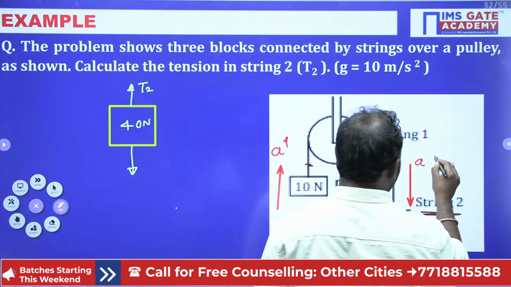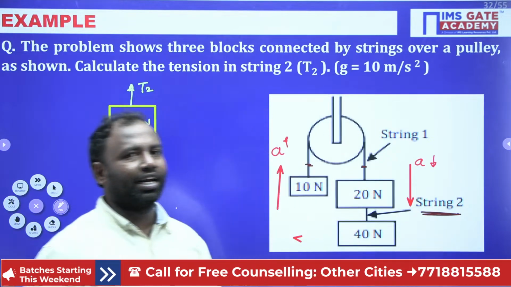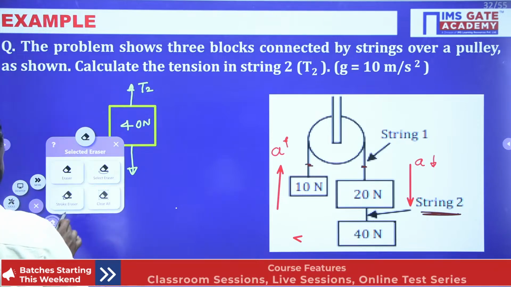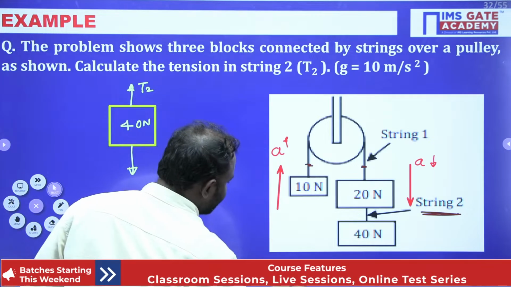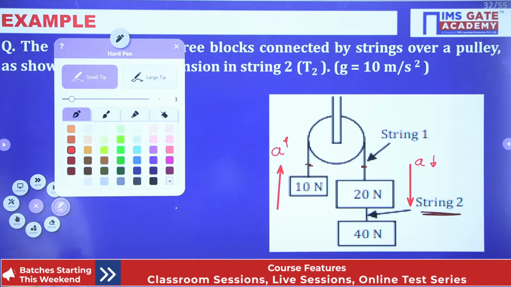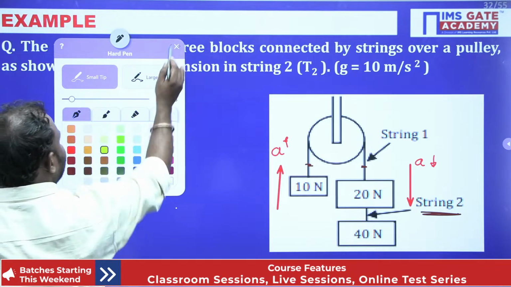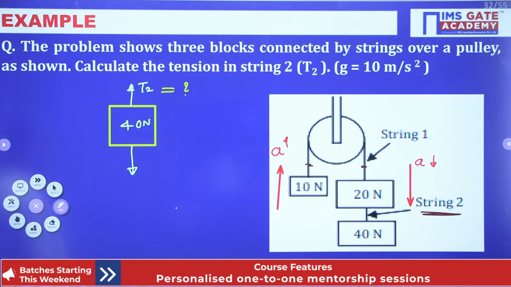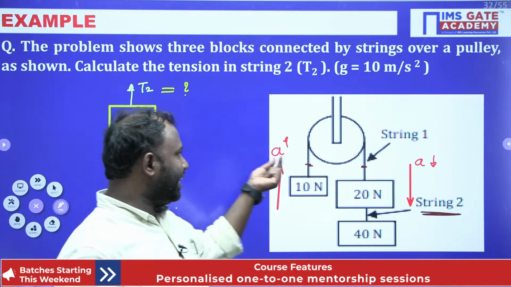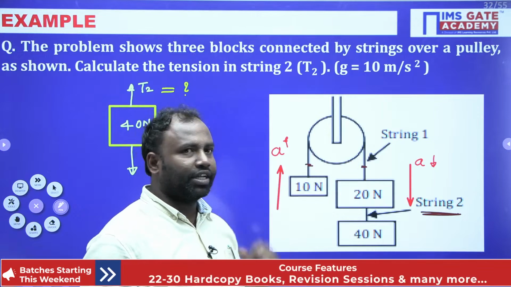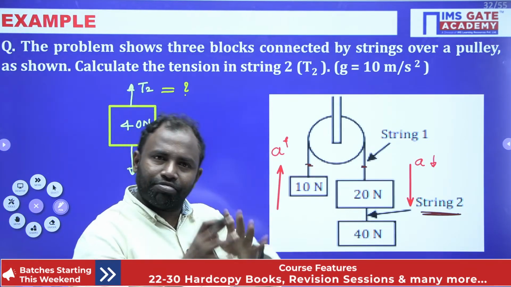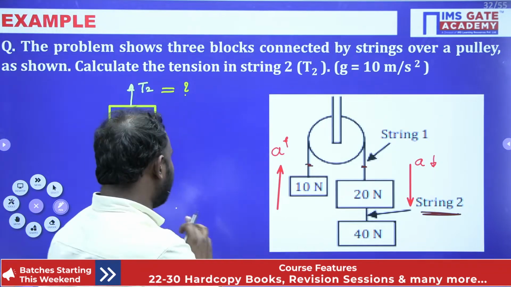My A here acting downward direction in the direction of motion, right guys? Now here we need to find the tension in this string 2. Okay, this is what our objective is, right? For that purpose, first I am finding the tension in the first string and then I'll apply here, right? So that the problem will be easy. For that purpose, what do I do now?